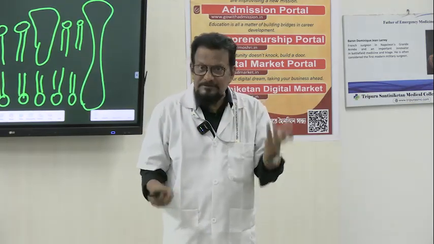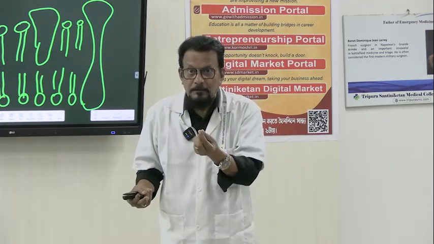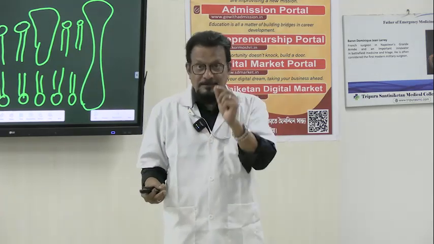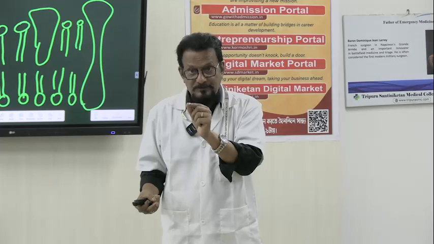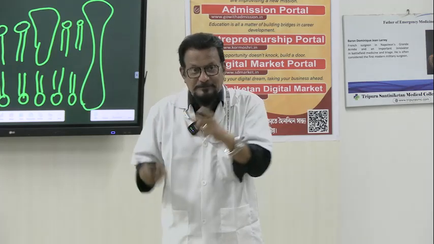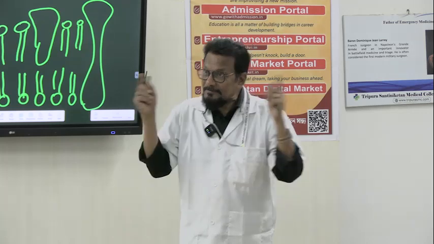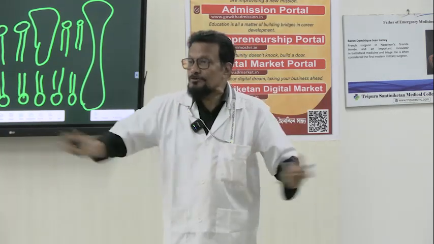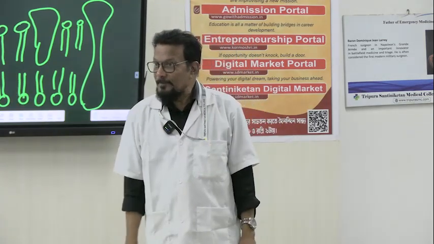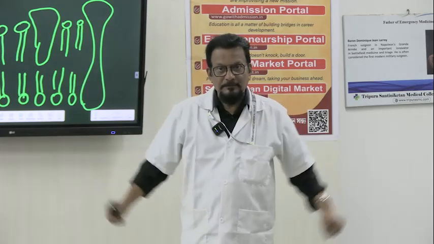New cells means new nucleus, means new DNA. So stimulation for DNA synthesis should be there. So they are stimulating DNA synthesis so that it can produce a lot of cells. Otherwise, it is not possible.